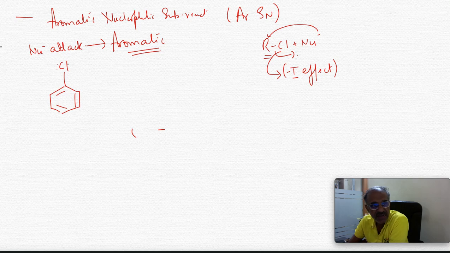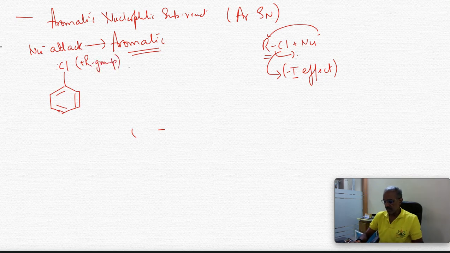Now, when the same Cl is attached to an aromatic ring, here the nature changes. Now it becomes a plus R group. It gives a plus resonance effect, which means the lone pair of electrons are donated.